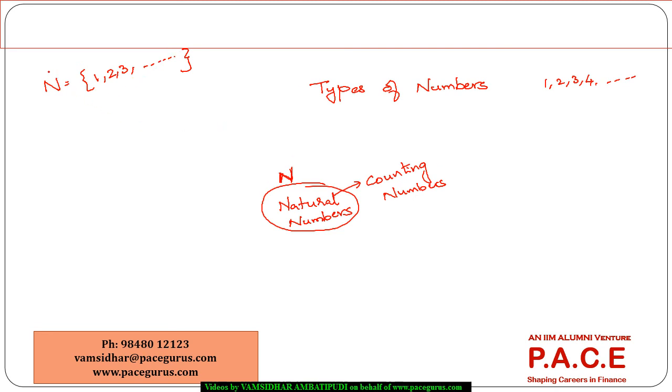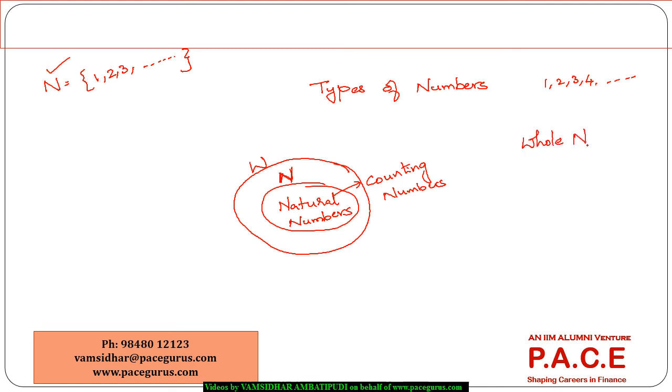So this is what is a set of natural numbers. Now, on top of natural numbers, there is one more group, which is otherwise called whole numbers, right? Whole numbers.